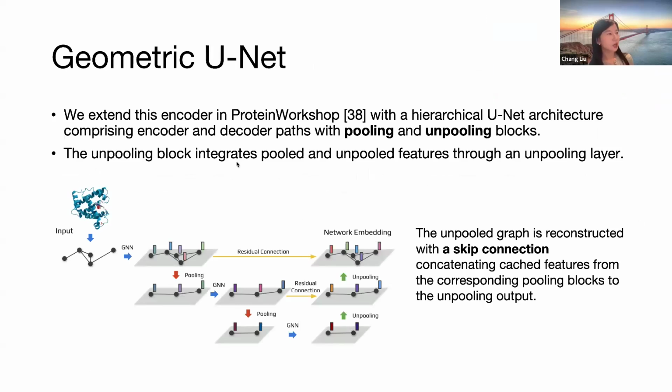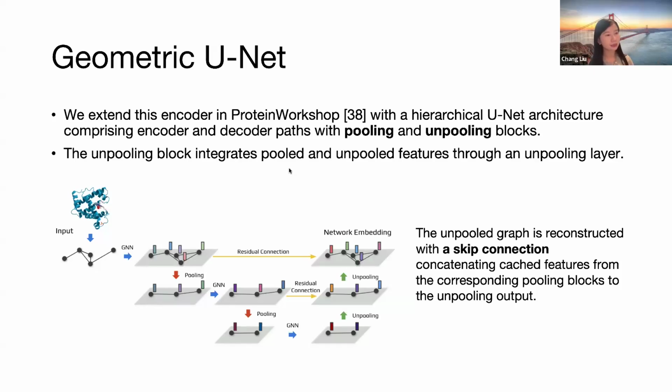After introducing the two types of layers, the point pooling layer and the sparse pooling layer, now we come to the section defining the overall module architecture of the geometric UNet. As mentioned before, we follow the main pipeline of the protein workshop.